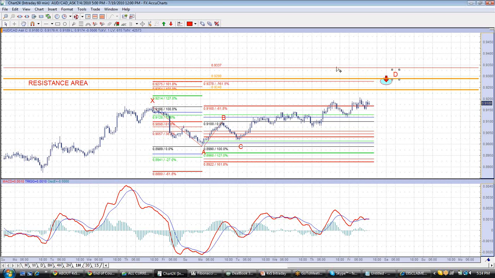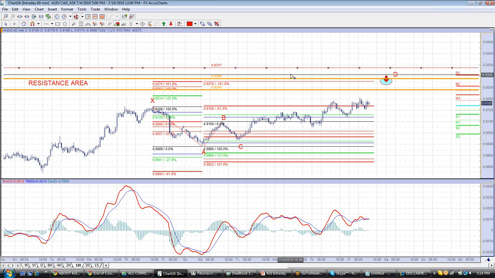Now, how do we approach this kind of trade? There are a couple of ways. First, we can place the pivot lines. Now we can see that we have currently resistance 3 at 93.08.